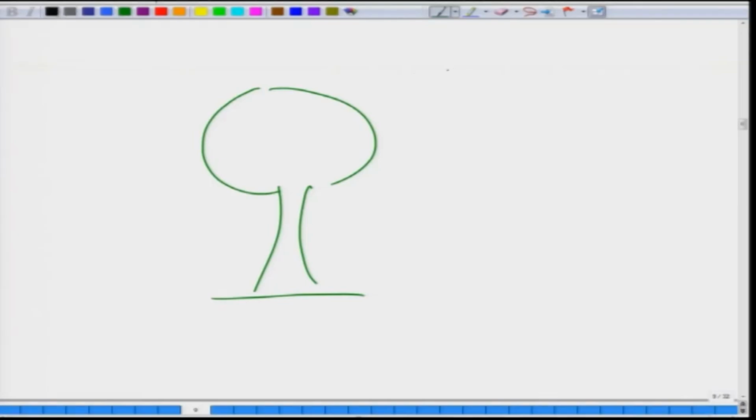Now, if you have say a black and white image only, you will have a picture that looks like this. So, you have the canopy that is looking black in color, you have the trunk that is also looking black in color, and everything else is white in the image.